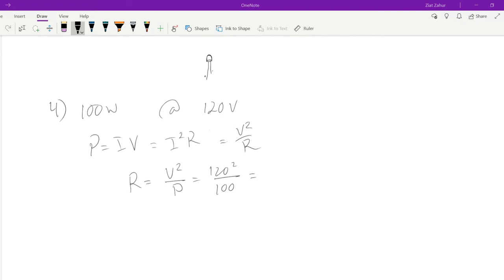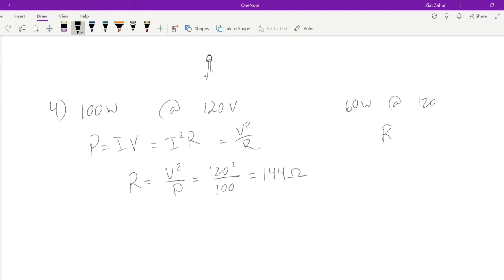Chat, are you with us? Go and do it on your own. 144 ohms. So that's what the light bulb is. Doing the same thing with the other one, you get 60 watts at 120 volts.